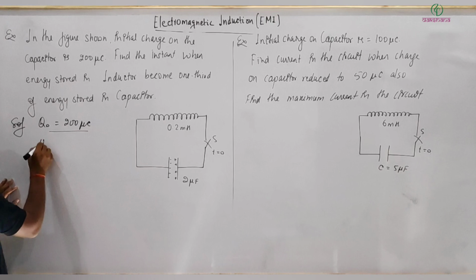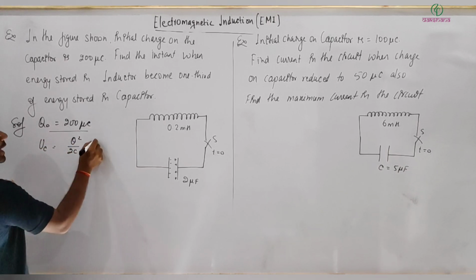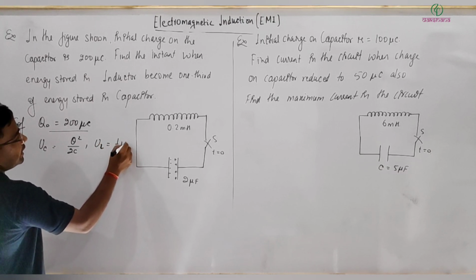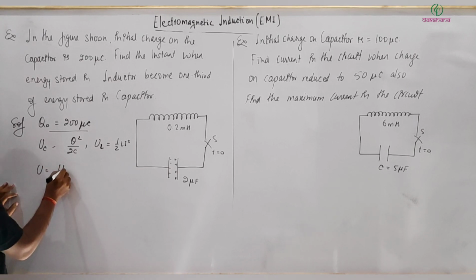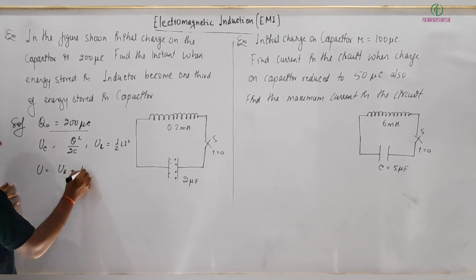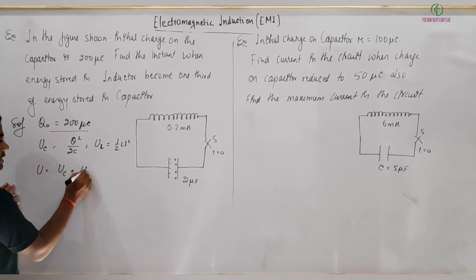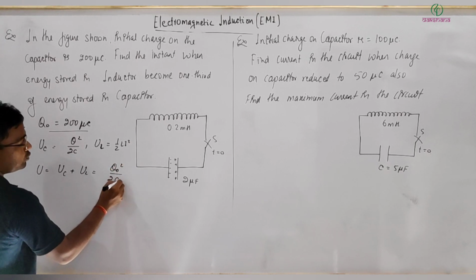We know energy in the capacitor is Q square by 2C. Energy in the inductor L is half Li square. And total energy is the energy stored in the capacitor, meaning electric field, plus inductor, meaning magnetic field. So I can write capacitor plus inductor, and this is Q0 square by 2C.